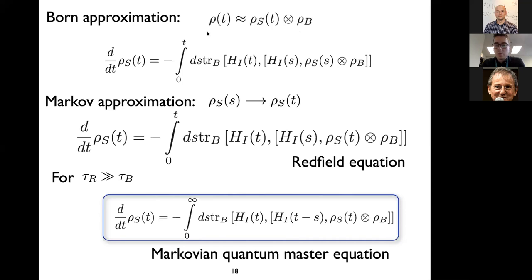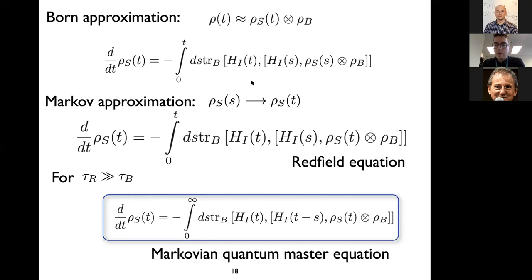In other words, with the Born approximation we're neglecting any correlations that build up between the system and environment during the course of their interaction. After implementing the Born approximation, we wrote the previous equation of motion in this form.